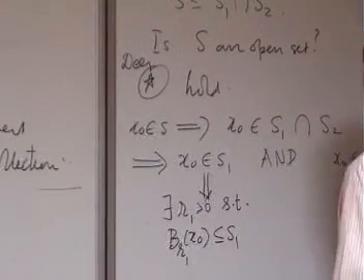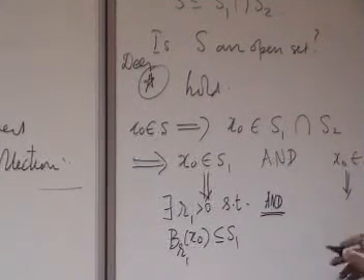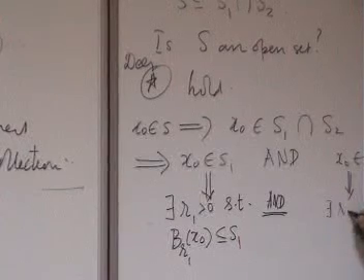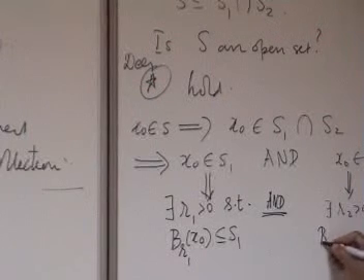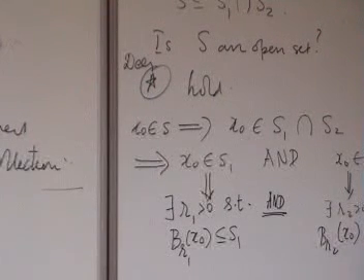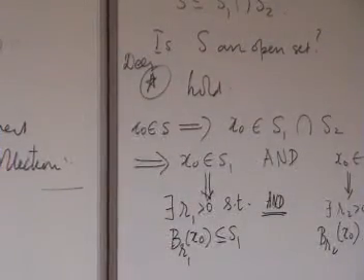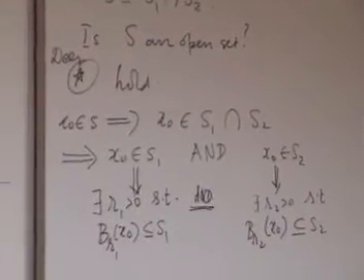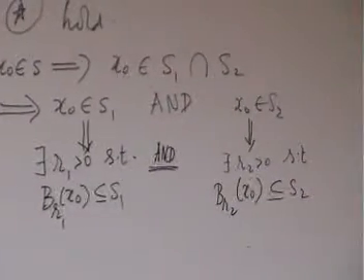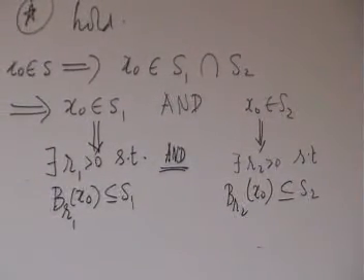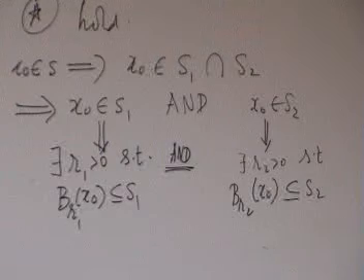So now, because S2 is open, there exists maybe another ball, because it's not necessarily the same ball, such that B(R2, x0) lies in S2. What have we done? We have found two balls, but we wanted to find one ball which lies in both of them. What will you do? Take the smaller of the two, isn't it? Because the center is the same, one of them must have bigger radius.